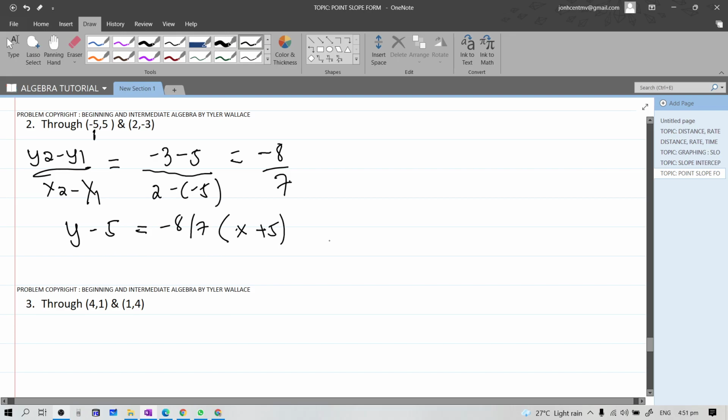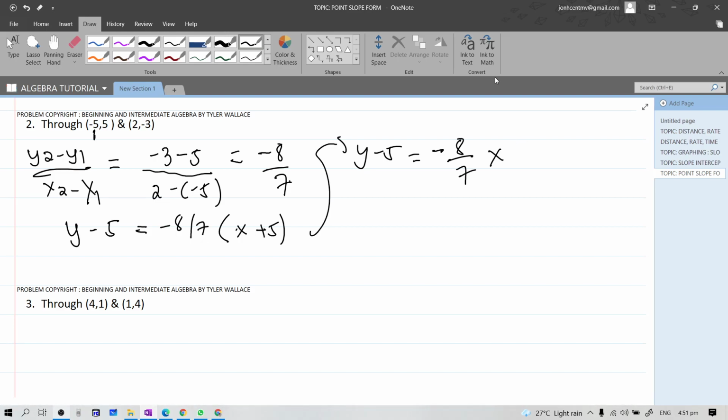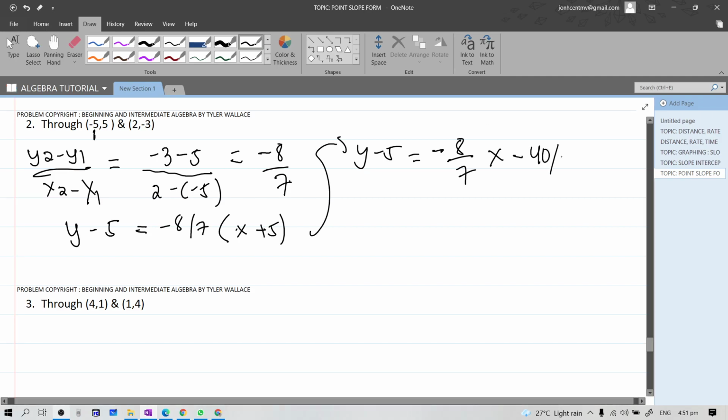Then, we have y minus 5 is equals to negative 8 over 7 x, then distributing, it becomes negative 40 over 7. Add positive 5.